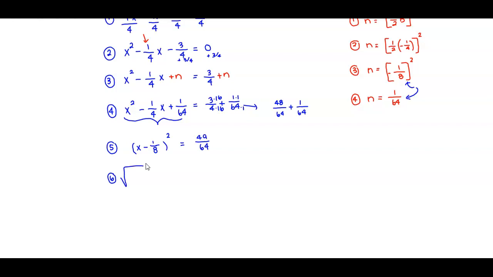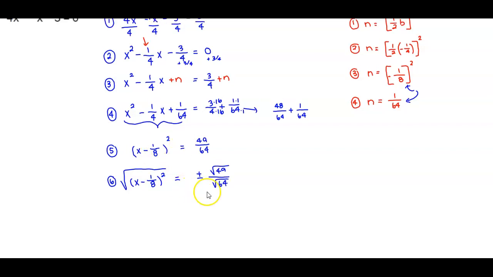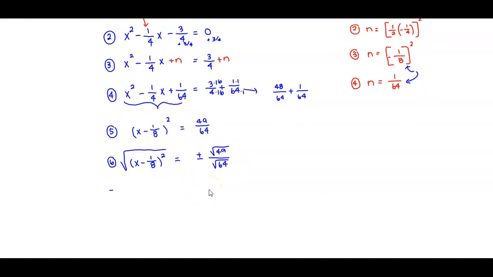Okay. Now in step number 5, we're going to use the square root property. So we're going to take the square root of the left side of the equation, which is parentheses x minus 1/8 squared. And then that's going to equal, remember that this is plus or minus the square root of 49 divided by the square root of 64. Now in step number 7, when we take the square root of x minus 1/8 squared, we end up with x minus 1/8.